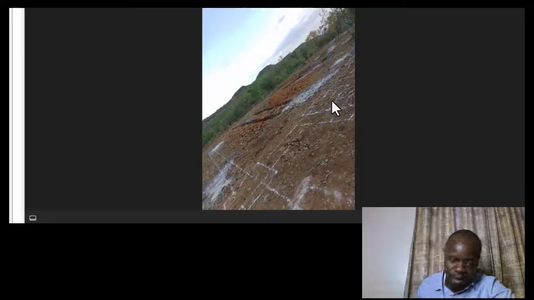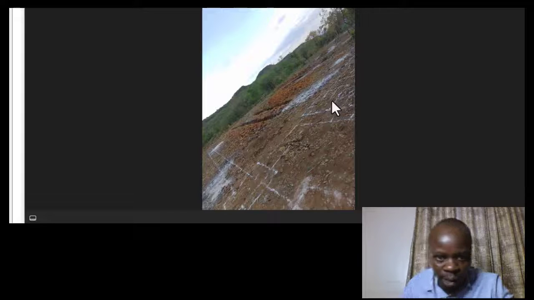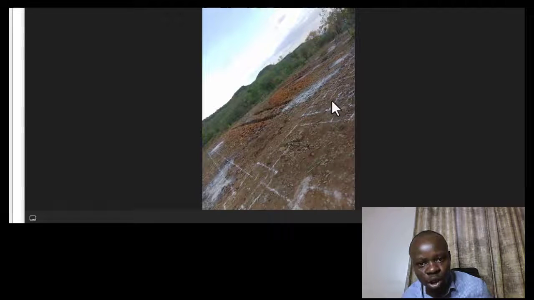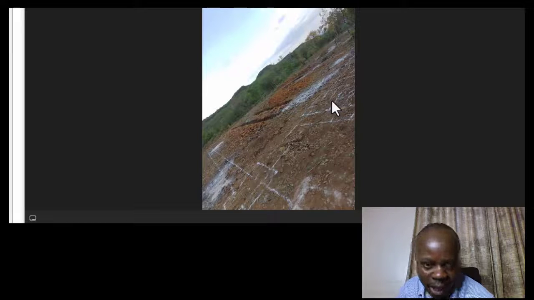Talking about site clearance, this is what we mean: when you have gone to site, as you can see from the previous, just at the background, you are able to notice a forest or a bush, and you are expected to clear the site and get the site where you can work on. So that is what we mean by site clearance.